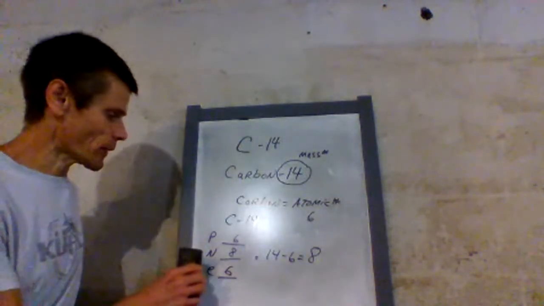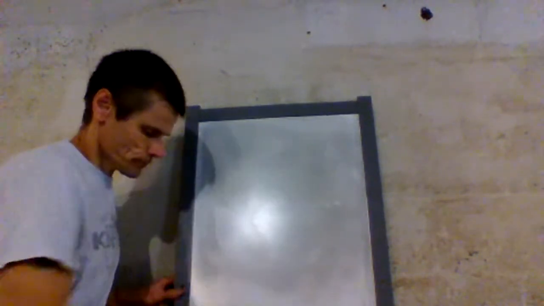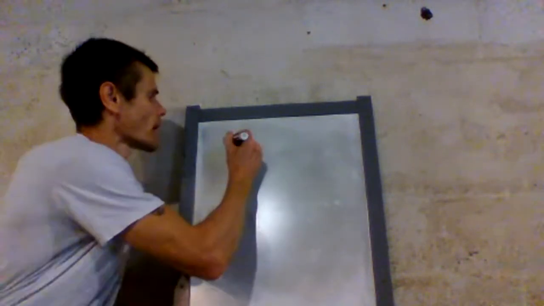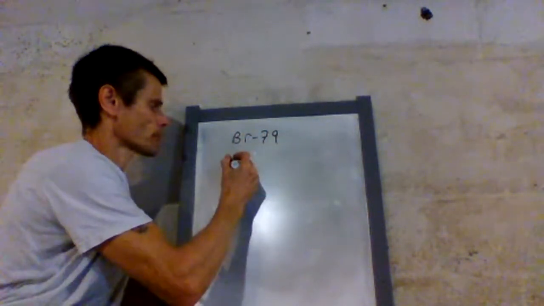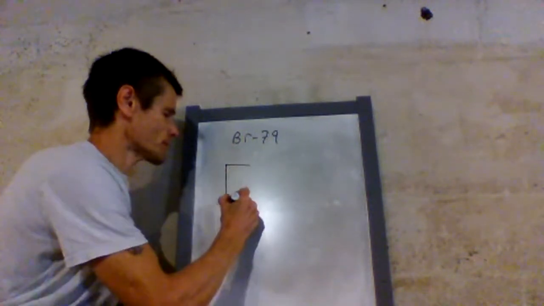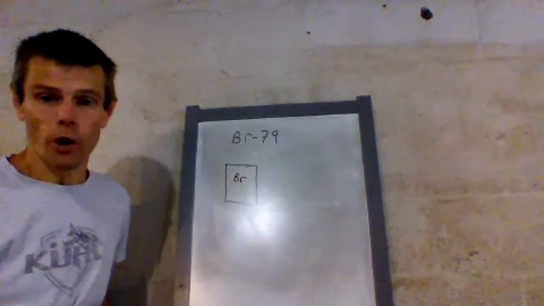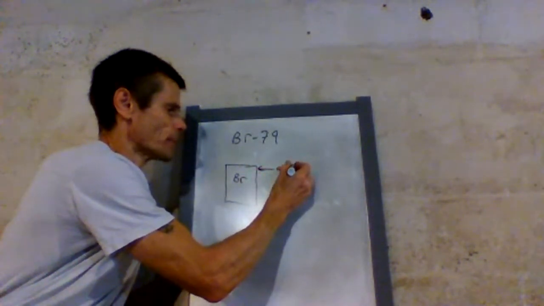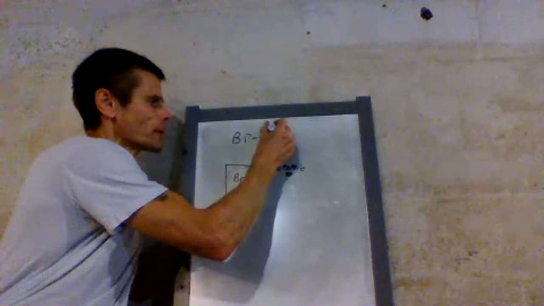I have a few that you want to try on your own. Try this one on your own. Bromine 79. Now, if you look on the periodic table, you would need to find bromine's symbol, and you would find what bromine's whole number is. So find the atomic number from the periodic table. This is the mass number.